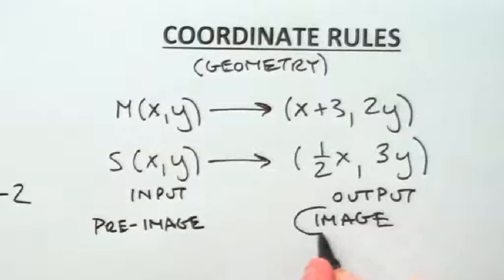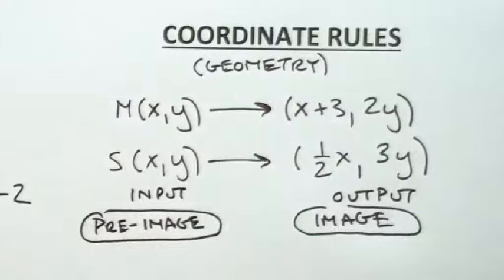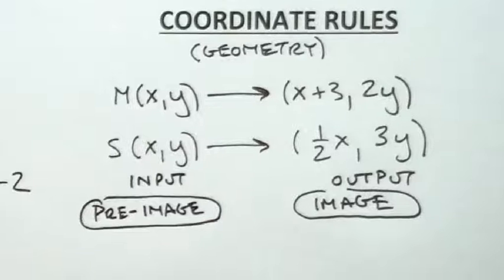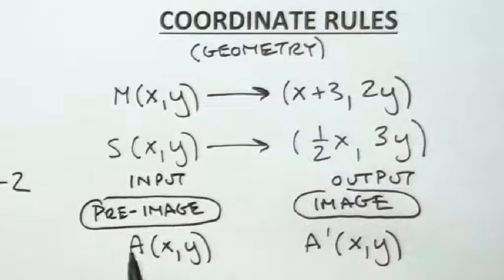These two terms are critical geometry terms. Another thing you'll see in a minute, a way we denote the pre-image is we might call the point A the pre-image, and its image would be A prime. That's how we know who the original was and who the image was.